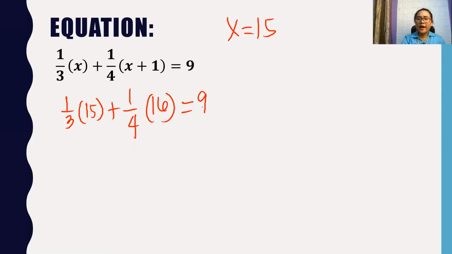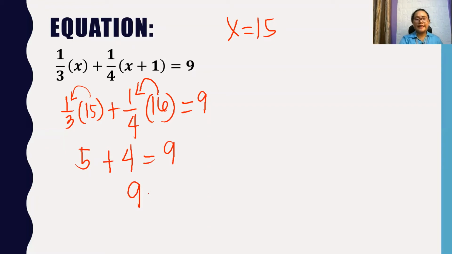Is equal to 9. 15 times 1, 15 divided by 3, that would give us 5. Is equal to 16 times 1, that would give us 16 divided by 4, that would give us 4 is equal to 9. 5 plus 4, that is 9, is equal to 9. Therefore, we equated the left and the right of the equation.